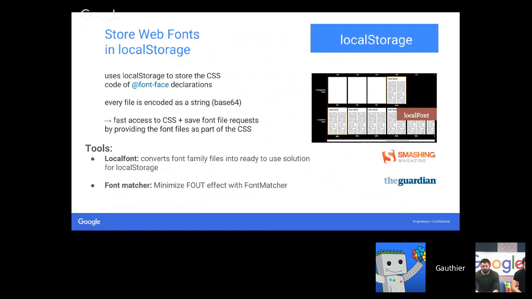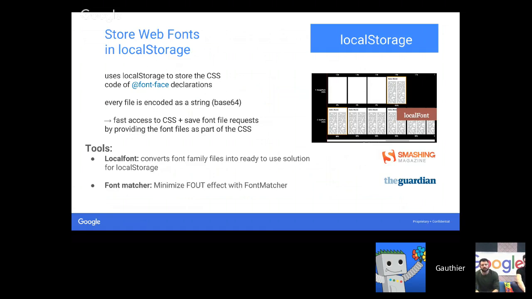Yeah, so basically that code that local font creates for you is being placed in the CSS and, after the load event, being stored in local storage. So that means in most scenarios we have a small flash of invisible or unstyled text.